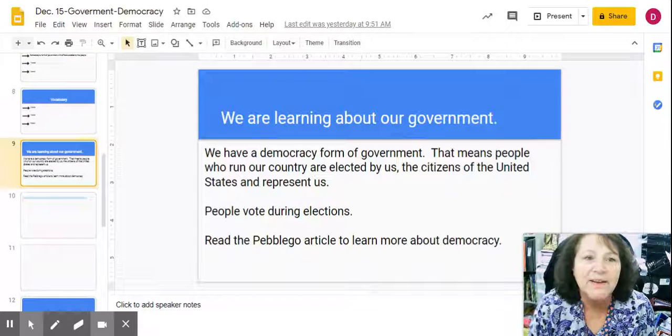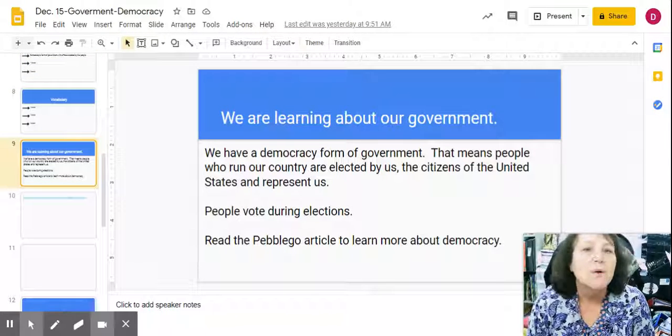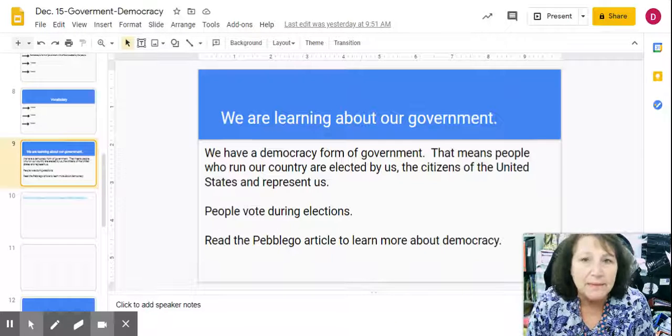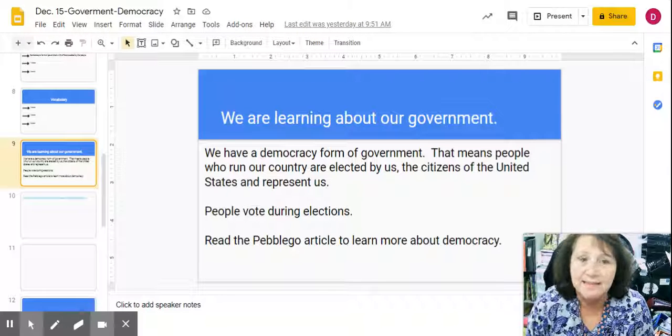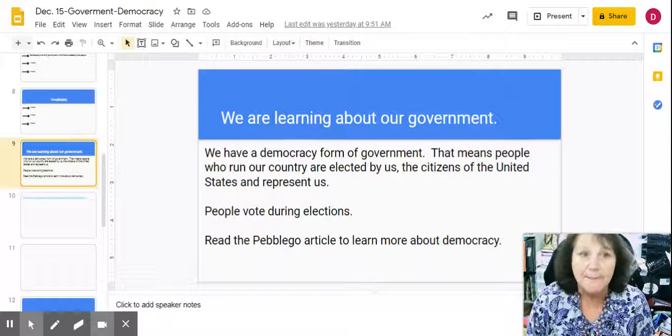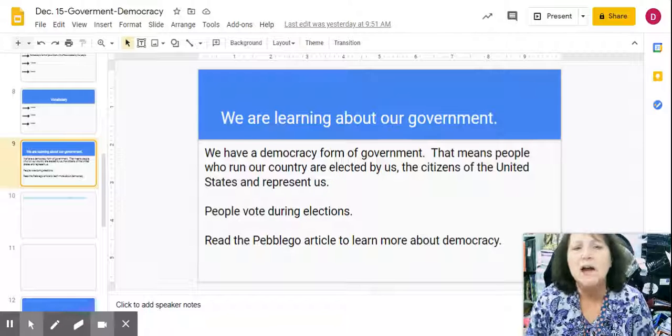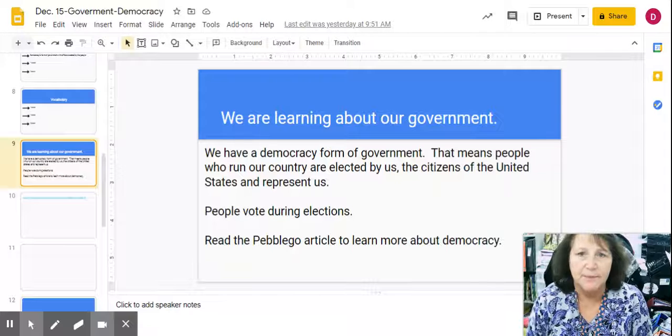We are learning about our government. We have a democracy form of government. That means people who run our country are elected by us, the citizens of the United States, and they represent us. And like I said, make decisions based on what's best for all the citizens in the United States.